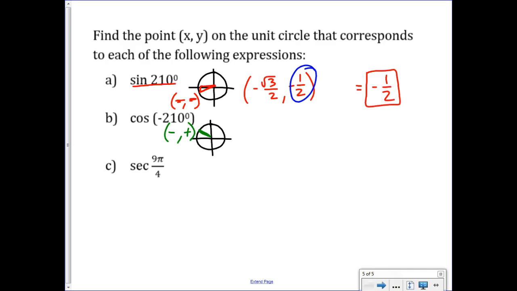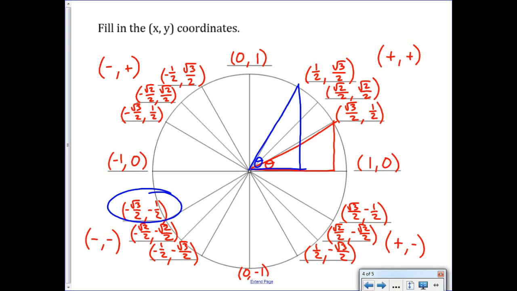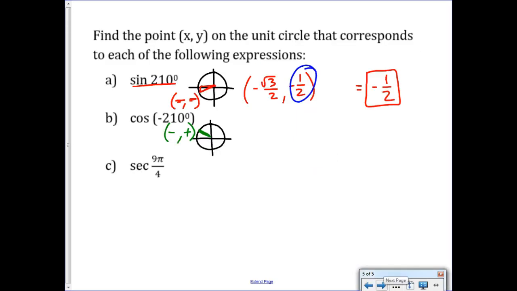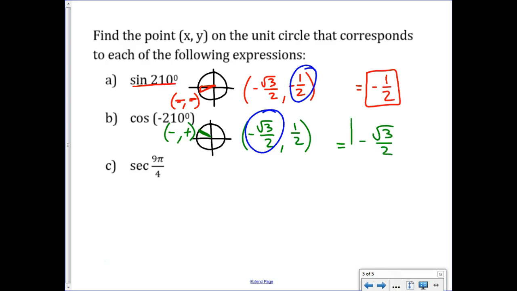So if I go back and look, that's right here. So I have negative radical 3 over 2 and 1/2. And I want the cosine, which is the first one. So I have negative radical 3 over 2 is my answer.